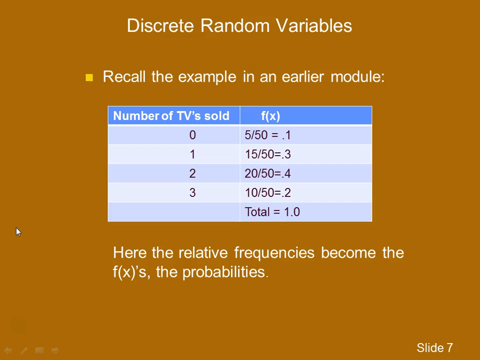In an earlier module, we used this discrete random variable, x being the number of TVs sold, 0, 1, 2, 3, at some electronics store, with probabilities 0.1, 0.3, 0.4, and 0.2, which we'll now call our f of x's. Remember, we got those probabilities, the f of x's, by basically calculating relative frequencies. 5 out of 50 days, we had sold 0 TVs, and so forth.